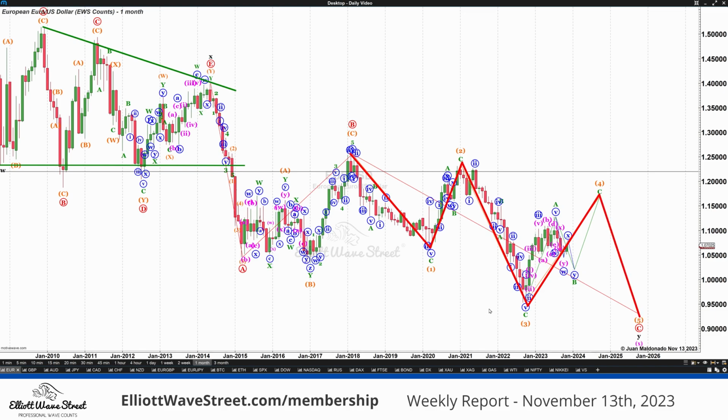As you can see, the ending diagonal wave comes with ABCs for each leg. So we have ABC for 1, ABC for 2, ABC for 3, ABC for 4. That's right, it is valid because it's an ending diagonal wave.